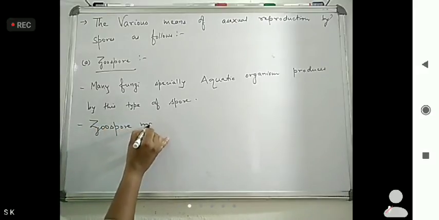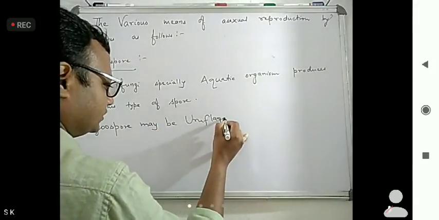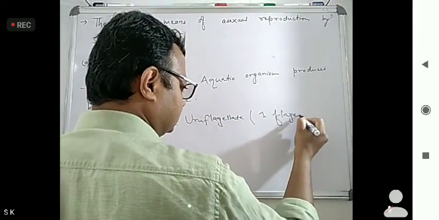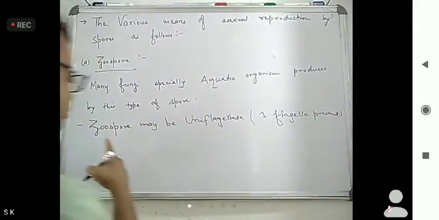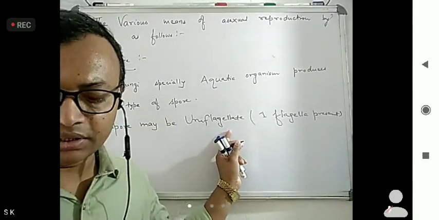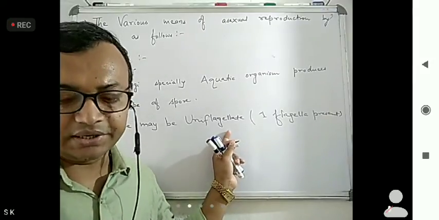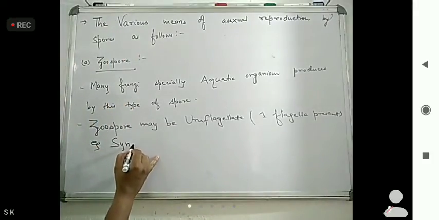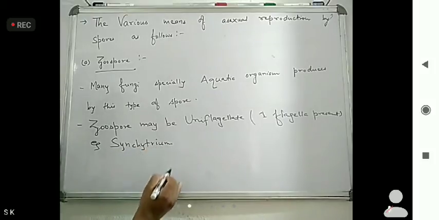Zoospore may be uniflagellate, meaning one flagellum present. For example, Synchytrium.